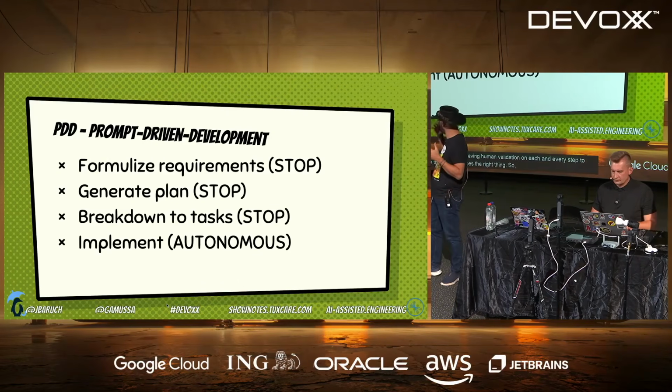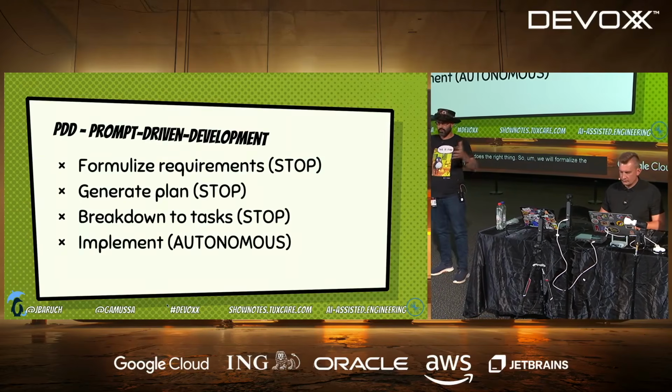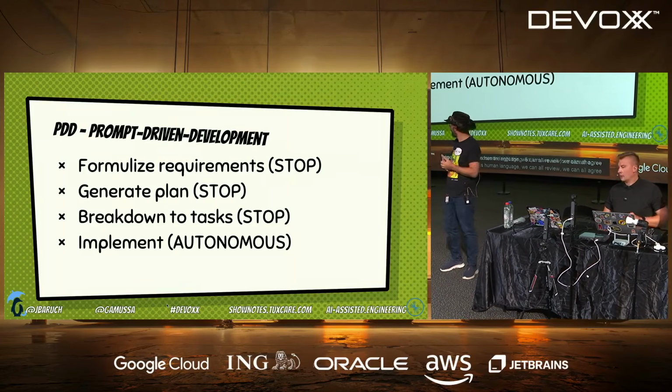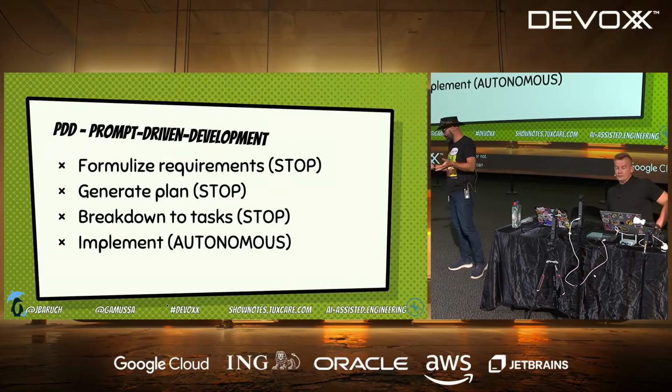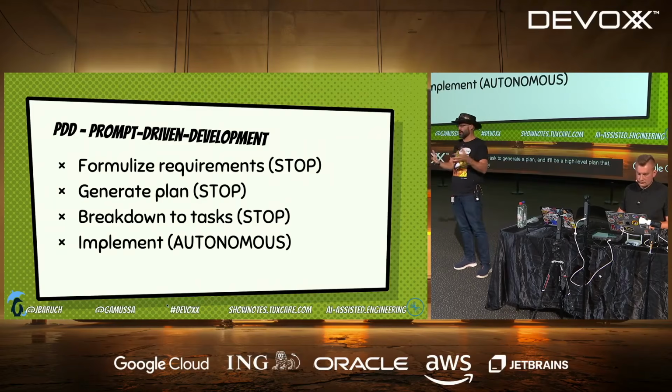So we will formalize the requirements. This is human language, we can all review it and agree if that works or not. Then we can ask to generate a plan, a high-level plan that everybody can look at, understand, and agree on. Break it down into tasks, again human readable, we can all check, and then ask AI to implement those tasks.